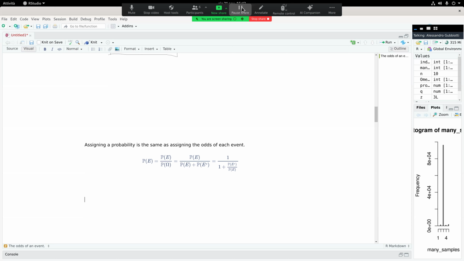Then the principal suspect is the husband. So they do some investigations and they discover the following fact: that the husband used to beat his wife.